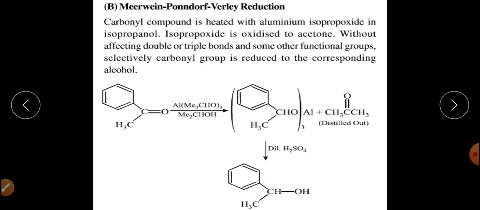So this method is particularly useful for the conversion of ketones into alcohols. So this is your ketone, and this ketone on reaction with aluminium isopropoxide in presence of isopropyl alcohol will get converted into this particular alcohol. So this is another reduction reaction of aldehydes and ketones.